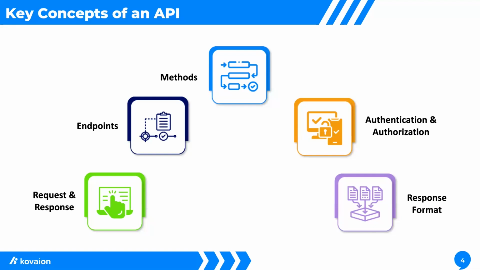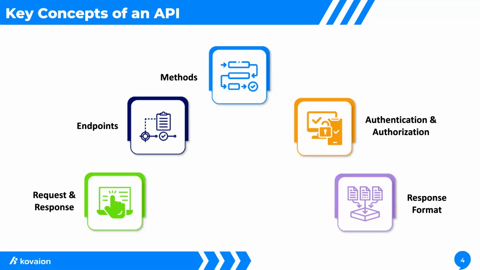And authorization means even though you are authenticated and have entered the application, you are limited to particular modules. For example, in a banking application, you can only view your own account related data. You can't view other accounts' data.